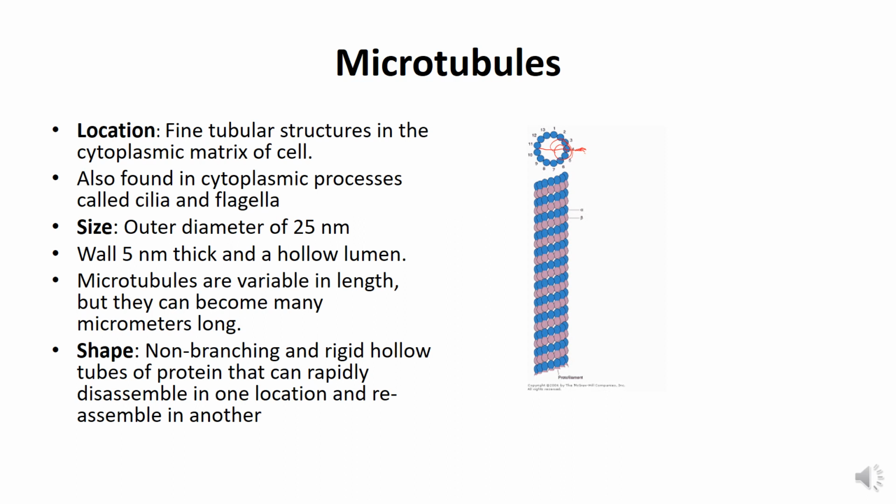Microtubules are variable in length, but they can become many micrometers long. Their shape is non-branching. Here you can see a rigid hollow tube of proteins that can rapidly disassemble in one location and reassemble in another location.